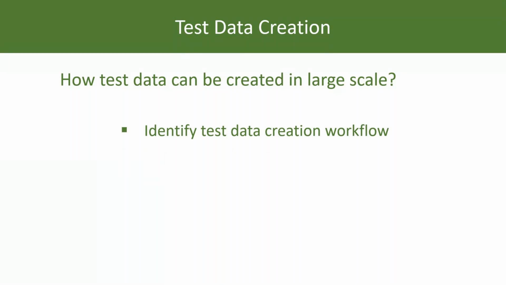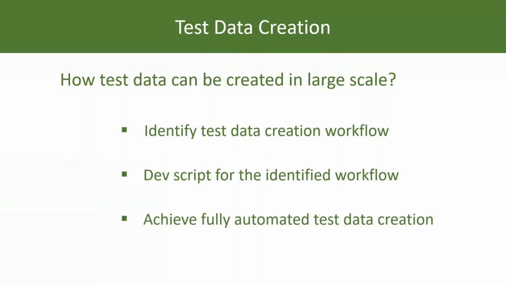So we have to identify the test data creation workflow. If this can be scripted, then the script can be run, and then the test data can be created. So first we have to identify the test data creation workflow, then develop the script for the identified workflow, and achieve fully automated test data creation.